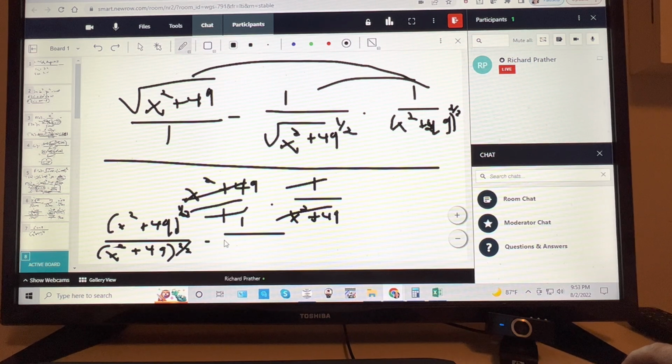So that part would get you your 3/2 already. So you could simplify this with the rules of exponents, and it would become 1 over x squared plus 49 to the 1/2, because I'm doing 1/2 minus 2/2 is negative 1/2, or just a positive 1/2 in the bottom.